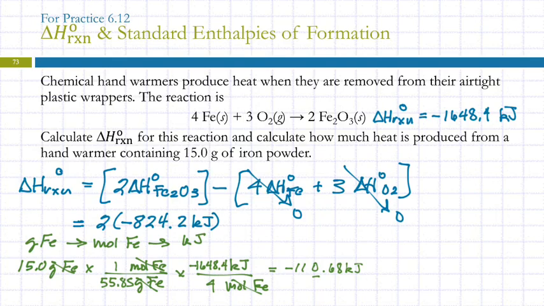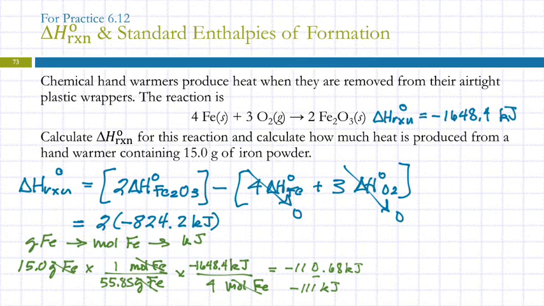That's why it's always a good idea: you write your answer down, you clear your calculator, you go back and do it again. Because usually you don't make a stupid mistake like that twice in a row, right? You save those for later in the day. Okay, so that would round to minus 111 kilojoules.